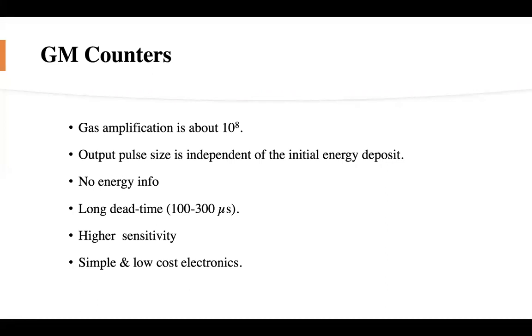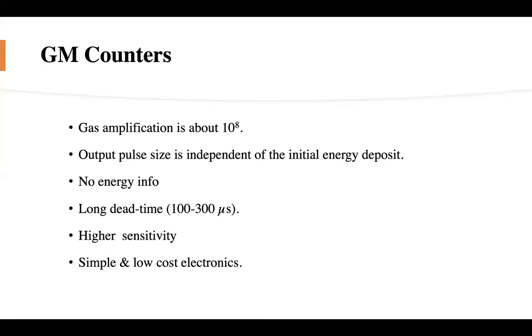Output pulse size is independent of the initial energy. Now you cannot sense different energies, cannot distinguish between two different energies, and it has a long dead time, okay, and it can be used for low levels of radiation, with higher sensitivity.